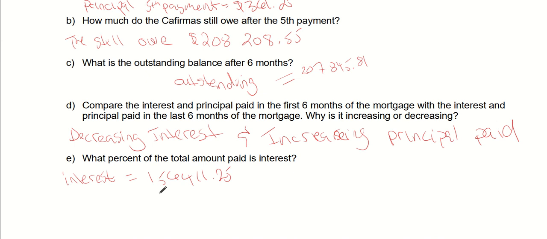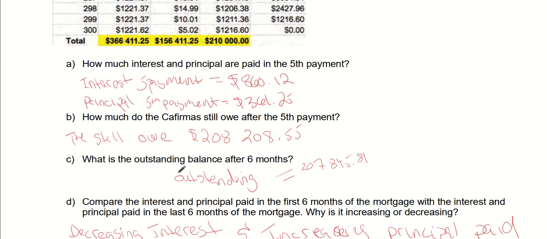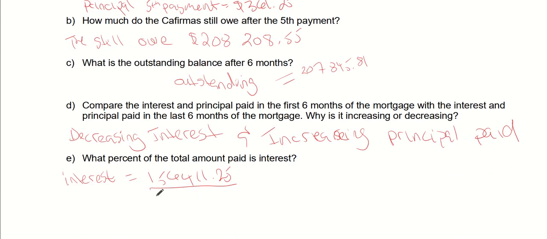Divided by the total amount that you paid, which is right here, $366,411.25. And if you're dealing with interest and you want to put it in a percentage, then you have to multiply by 100. And I believe that should be 43%.